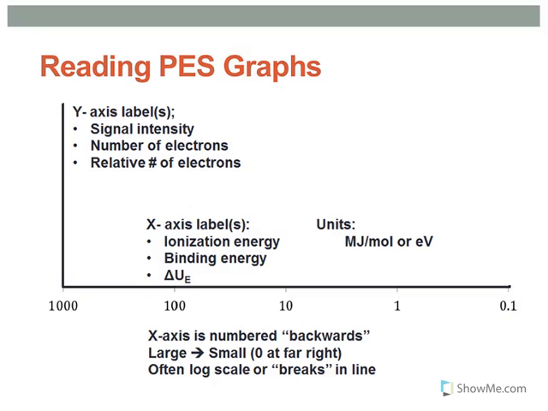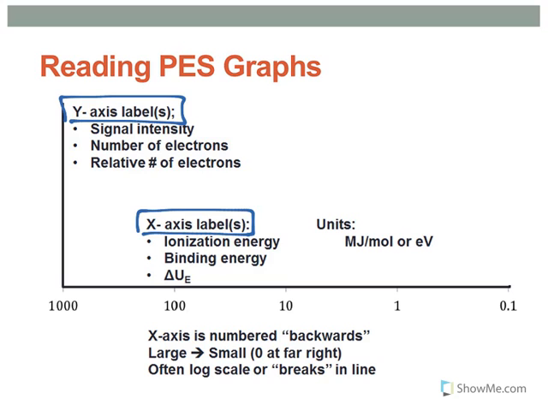So when we're reading these PES graphs, we want to make sure that we're looking at our labels here. So we have our y-axis and our x-axis, so definitely things you should know. That y-axis is going to be like the signal intensity or number of electrons or relative number of electrons. It's going to tell us how much there is.